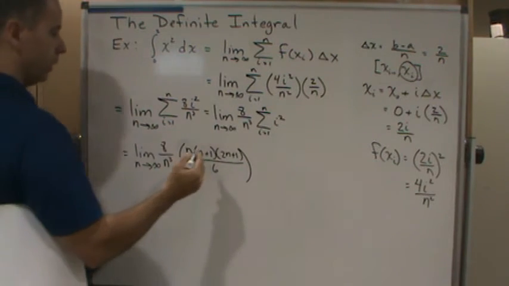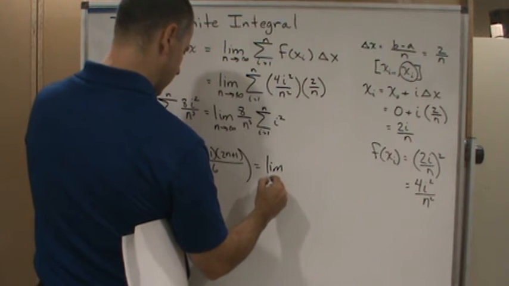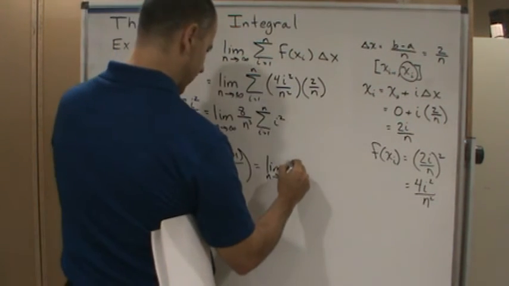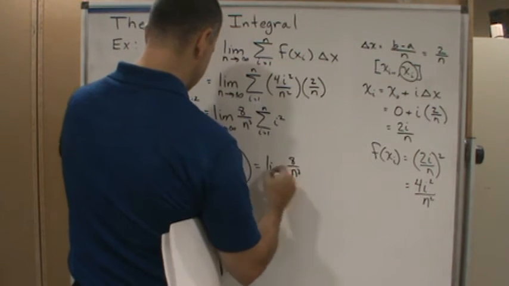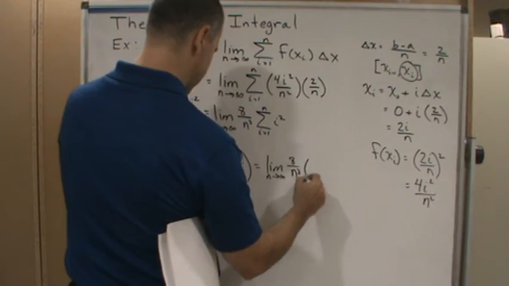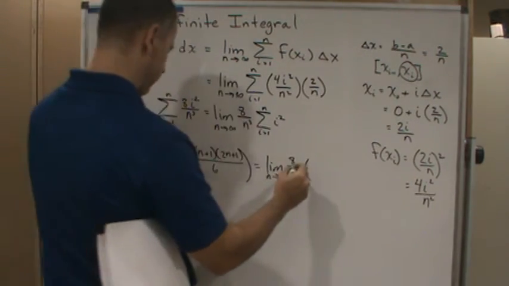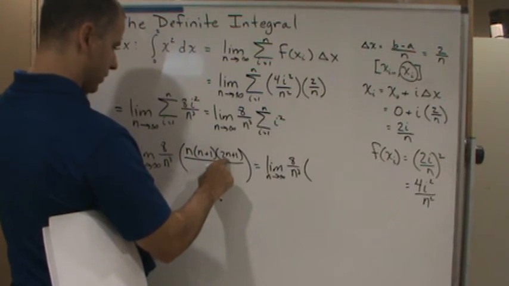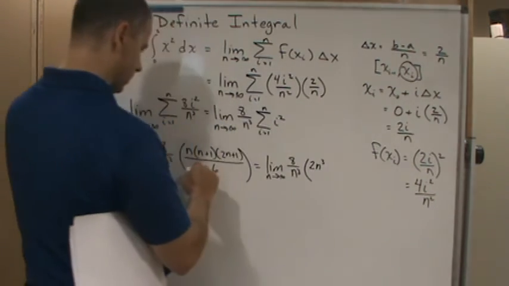Okay, so now we're going to simplify this. So this is going to be the limit as n approaches infinity. And what do we got? We got 8 over n cubed. Now let's simplify this. This is going to become 2n squared, so it's going to be 2n cubed.